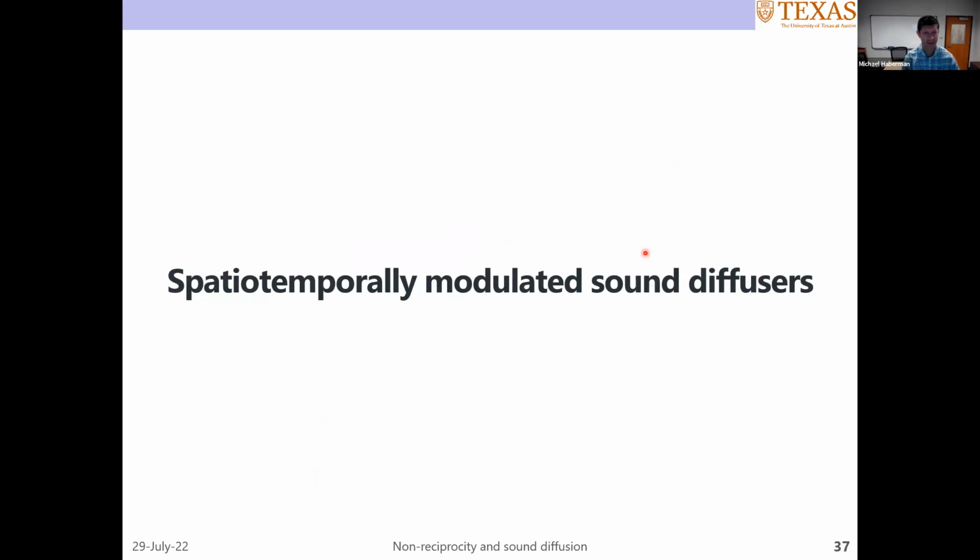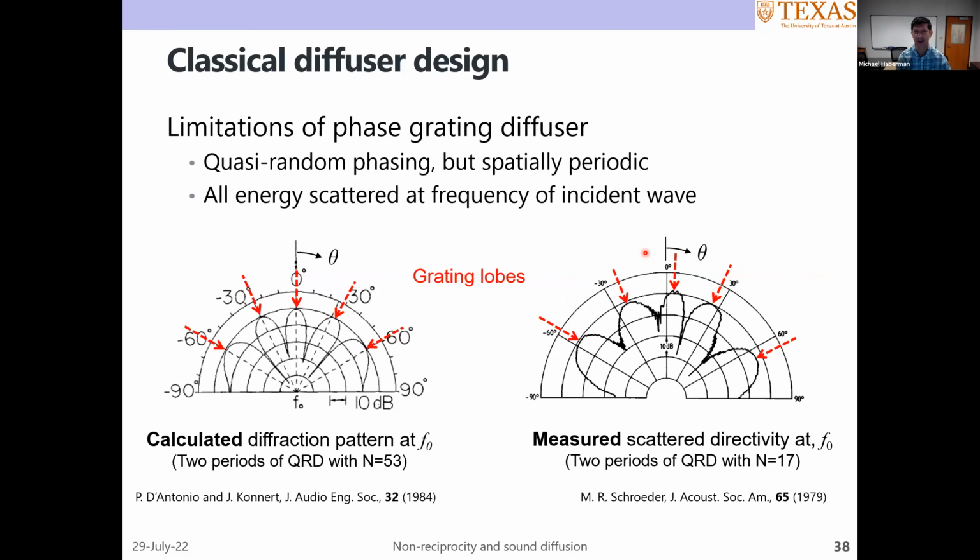Well, there's a reason: there's a problem with the sound diffusers. You're limited in how diffuse you can create the sound field if you rely on a purely passive, or I guess standard reciprocal medium or standard reciprocal interface. And so we wanted to overcome that.